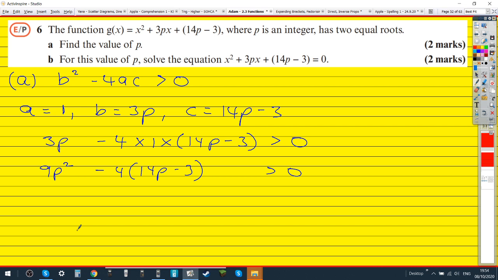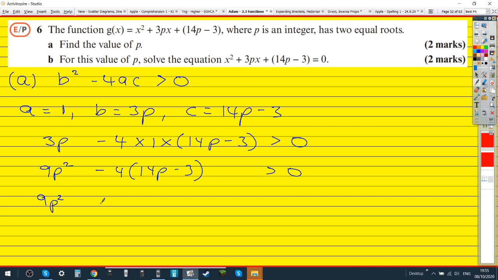And then could you plus 14 brackets 14p minus 3 on both sides, or would you have to do something before that step? I'd probably just expand the brackets.